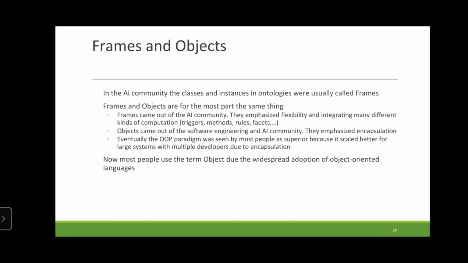Whereas object-oriented programming came more out of the software engineering community, and they were concerned more with data encapsulation. Whereas in frames, you tended to expose the data, in object-oriented programming, the idea was to hide the data.